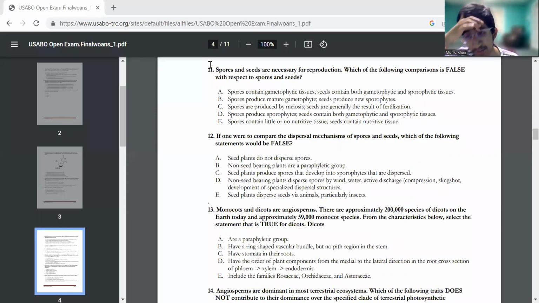I do remember when I was reading Campbell's, there was polyphyletic, monophyletic, and paraphyletic, but I'm completely blanking on that. I'm going to put a question mark. It could be correct, but I'm not 100% sure. Based on this information, maybe, but I'm not even sure. I don't remember.